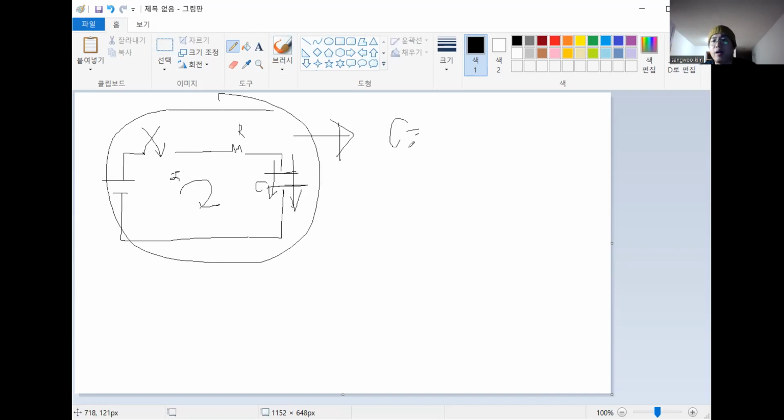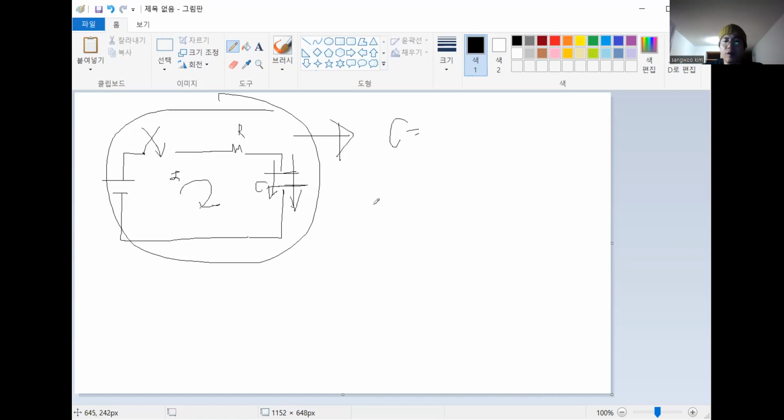It is a totally different component. But if you understand the inductor, it will be helpful for understanding the capacitor. Think just the reverse way.